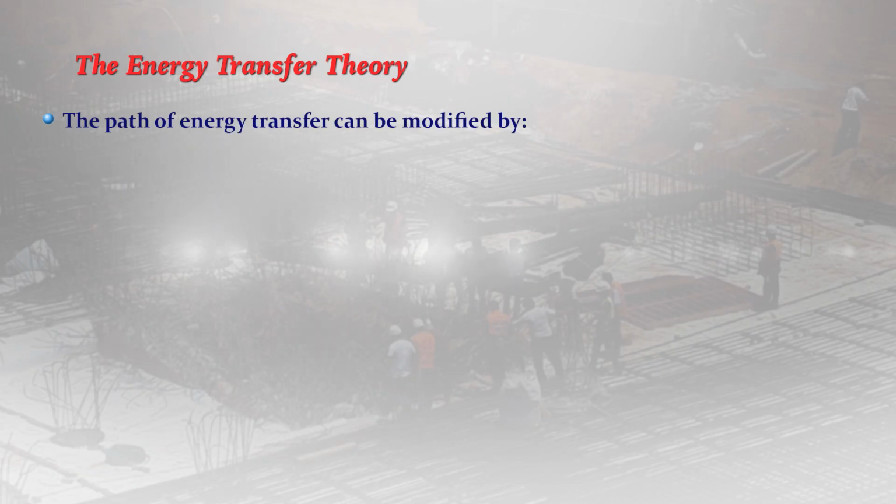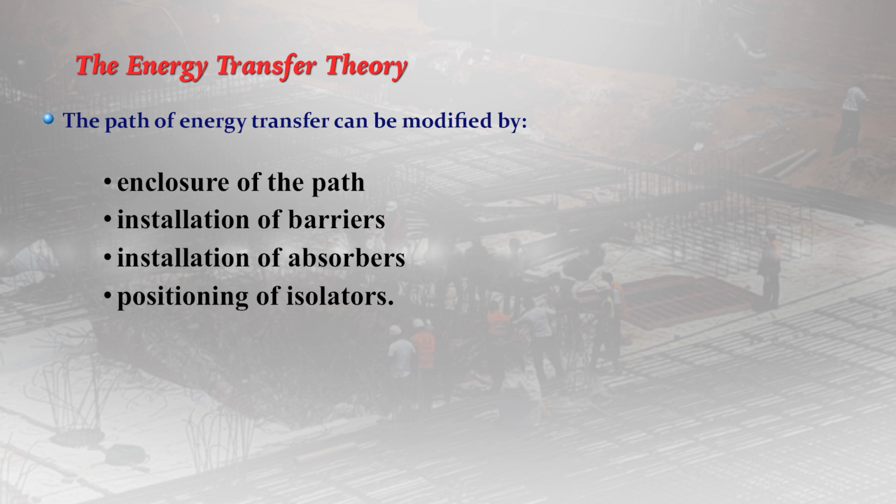Then the path of energy transfer can be modified by doing the following things. What are these? Enclosure of the path, means the path through which the energy is to be transferred, then enclose that path. Then installation of barriers, means at the work site you install barriers so that there are fewer chances of accidents.